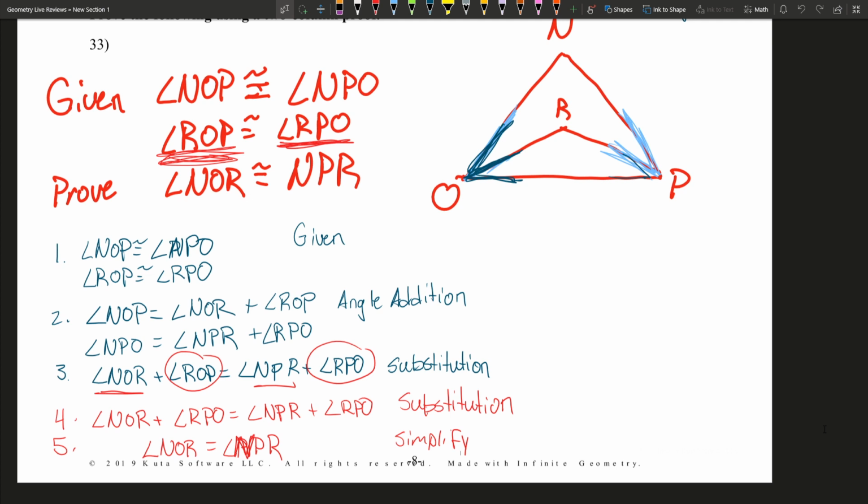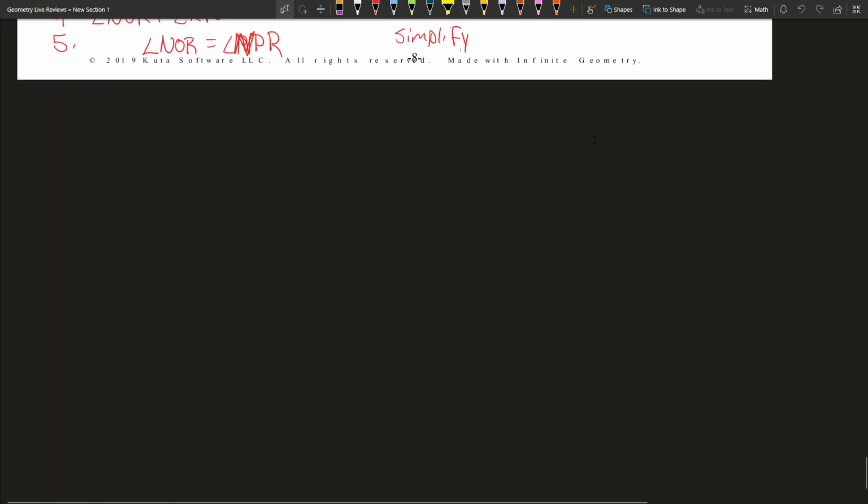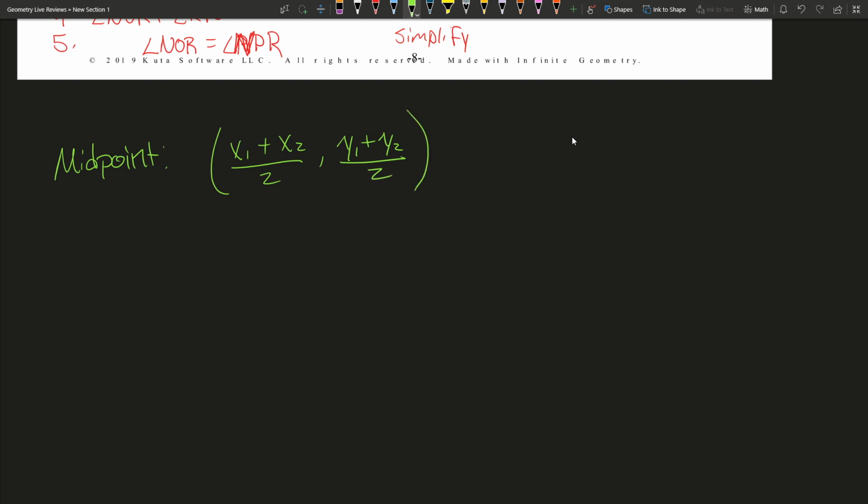Yes, we can go over midpoint. All of them. Thank you, Switzer.